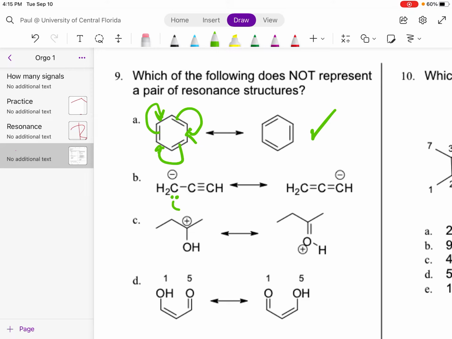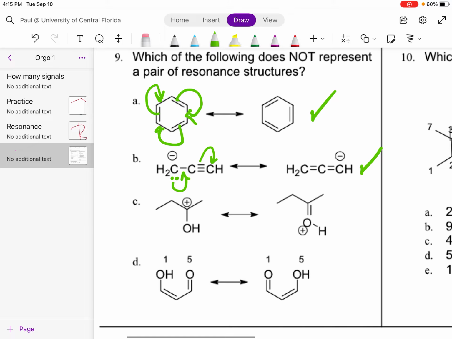So could we take those electrons, put them there, and then go like that? Yep, that checks out. C. We have some lone pairs on that oxygen that can resonate in to give us this molecule on the right. So that checks out.